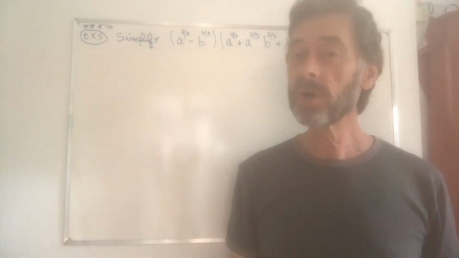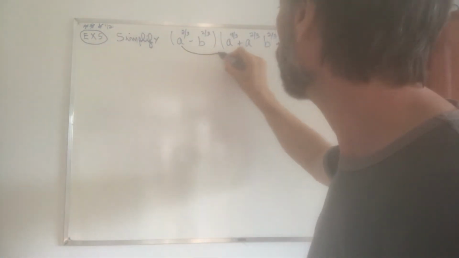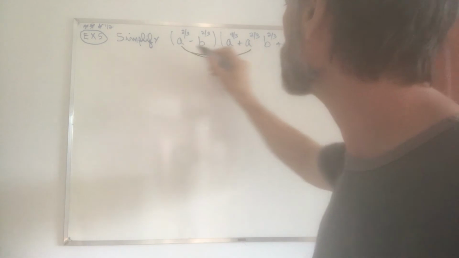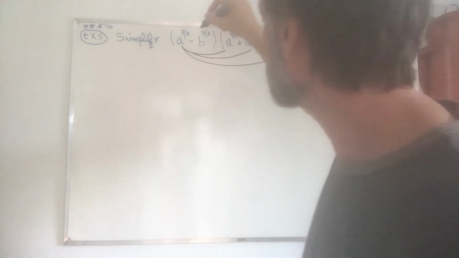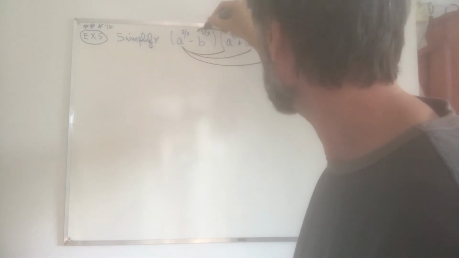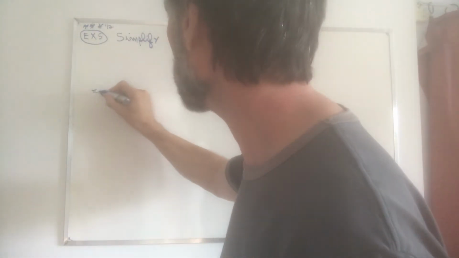It's just going to be a little more complicated because of all these fractional exponents. We're going to do first with first, first with second, and first with last. And then when we are done with this, we're going to do the same with this term.